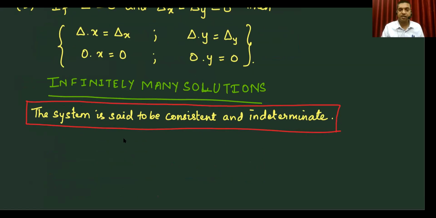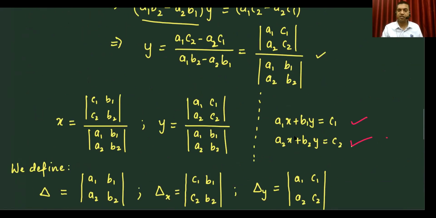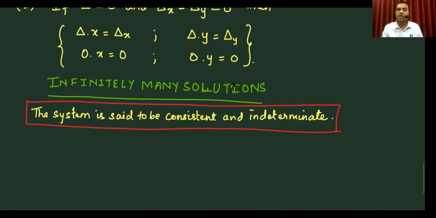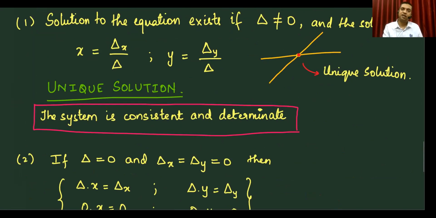From the point of view of straight lines, these two represent straight lines, right? Now you observe this. Delta is 0, delta x is 0, delta y is 0 means all the coefficients are proportional. a1x plus b1y equal to c1 and a2x plus b2y equal to c2. The coefficients of both the equations are proportional, which means they represent, can anybody tell me what?